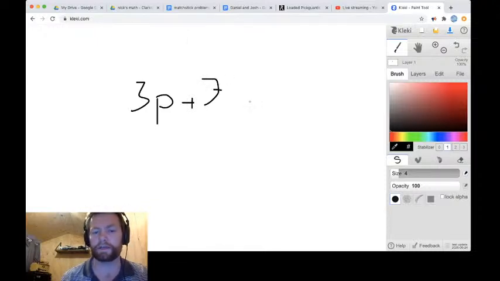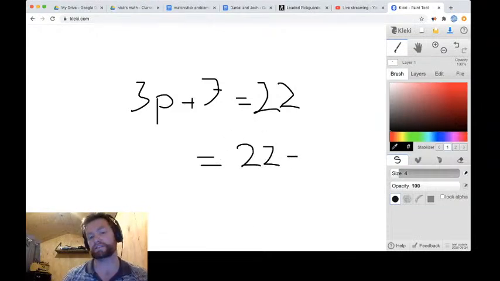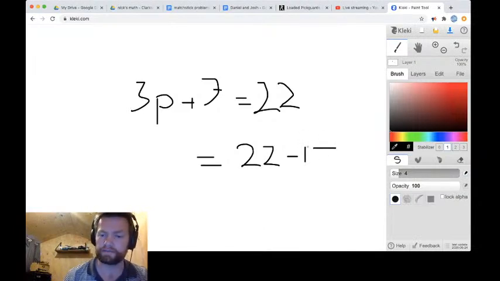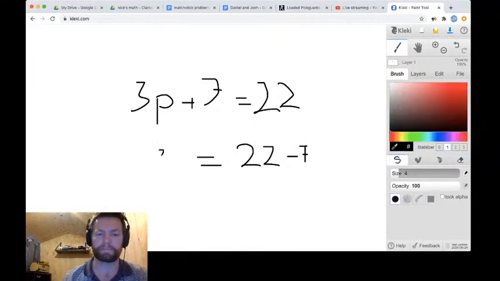First thing I'm doing, I'm not thinking about order of operations yet, I'm just going 22 minus 7, because it does the opposite thing, and then getting myself an answer equals 3p. 22 minus 7 is 15. 3p equals 15.